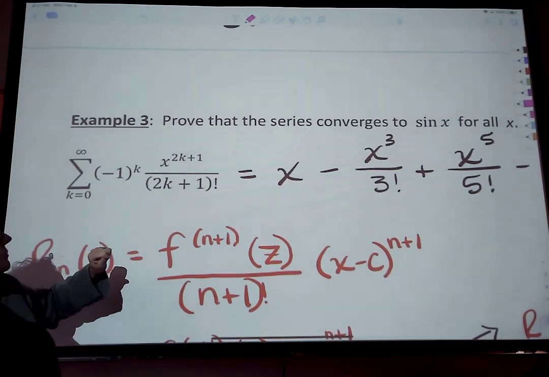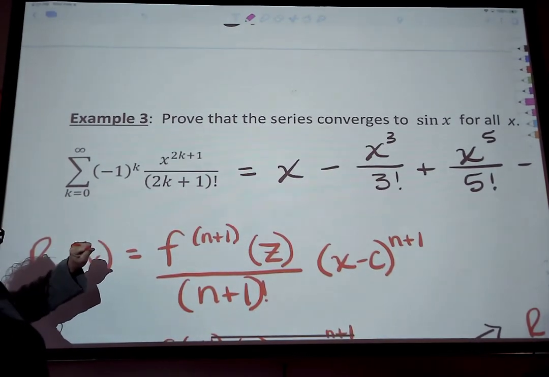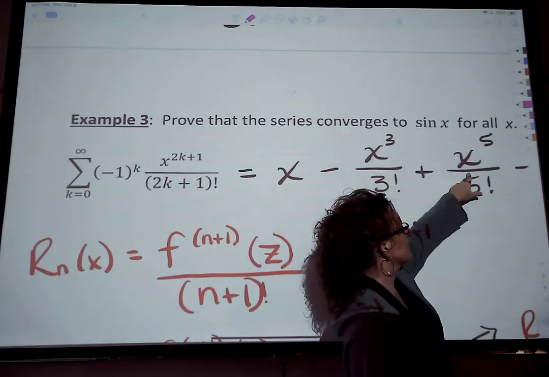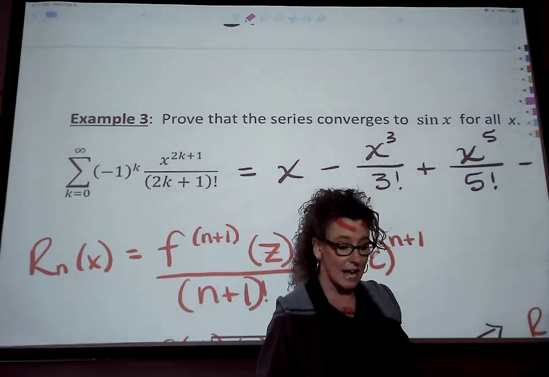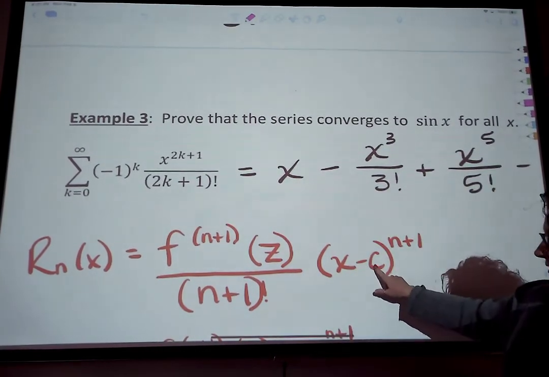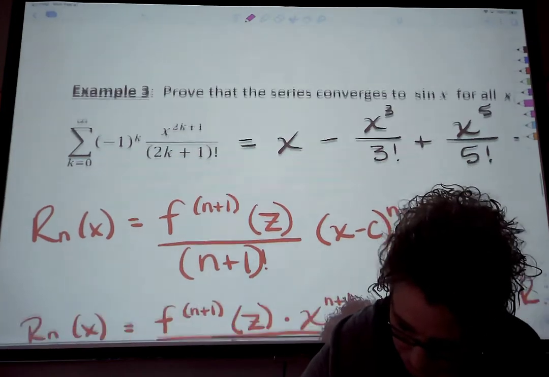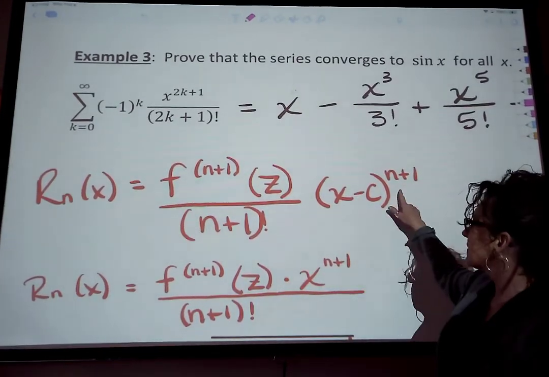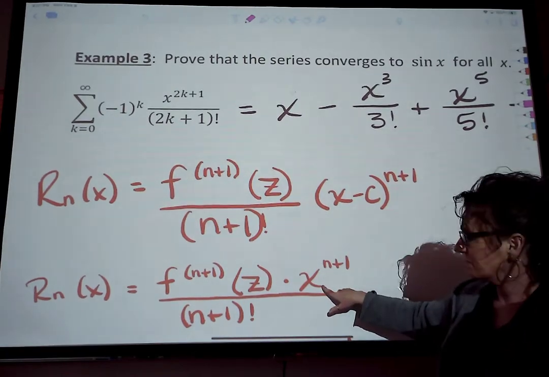Converges to sine x for all x. This series is centered at 0, so I'm going to sub in 0 right here. So I just rewrote everything, subbed in 0 right there. That's what this now looks like, okay?